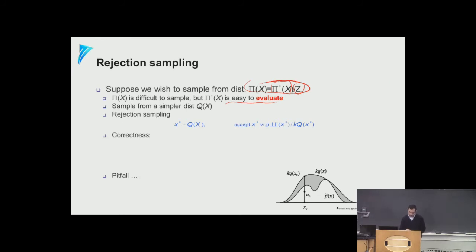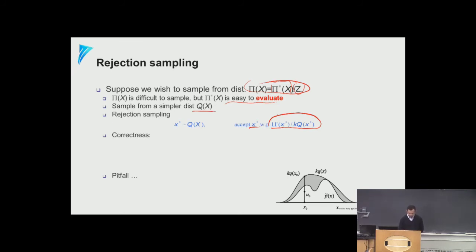So rejection sampling tells you the following. You are going to now draw a sample from some distribution Q, okay, and then you are going to do one more step, which allows you to accept or reject this example based on this number.